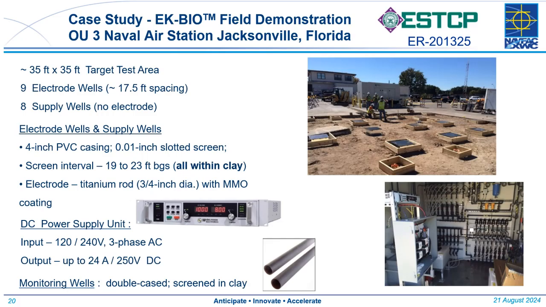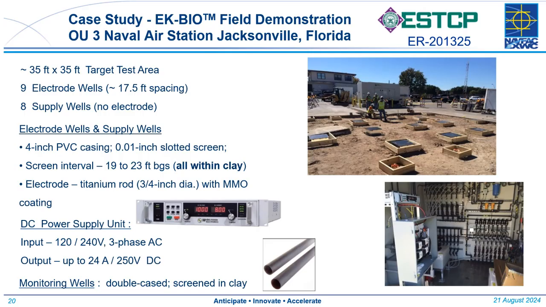This slide summarizes a lot of the parameters of the setup of this demonstration project. You can see on the right-hand side, that was the construction installation of the electrode wells and supply wells at the Naval Air Station Jacksonville, as well as the control trailer and control system on the lower right. But this was a 35 by 35 target test area, 9 electrode wells. The electrode wells were spaced about 17.5 feet apart.